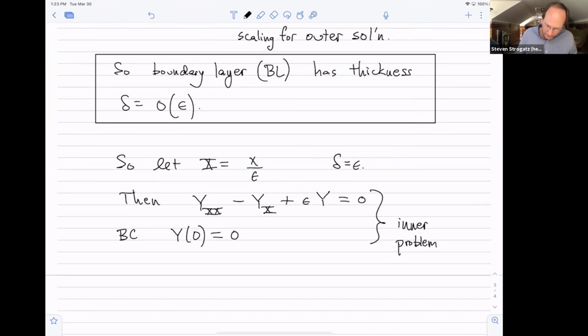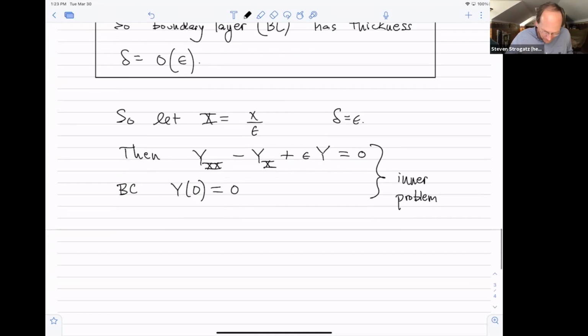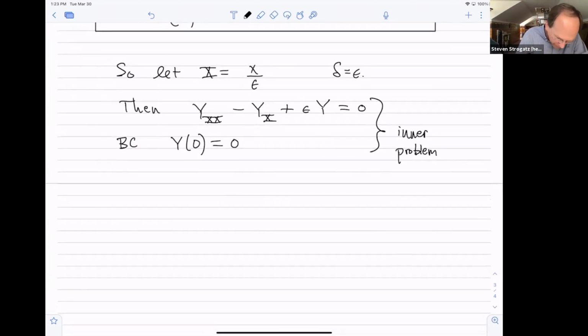And as you can see, it's a second order equation. We only have one boundary condition. We're going to get one arbitrary constant, and that'll be determined by matching, if we could do matching. So let's see here. We're going to write an ansatz for Y as Y0 plus epsilon Y1 plus et cetera.